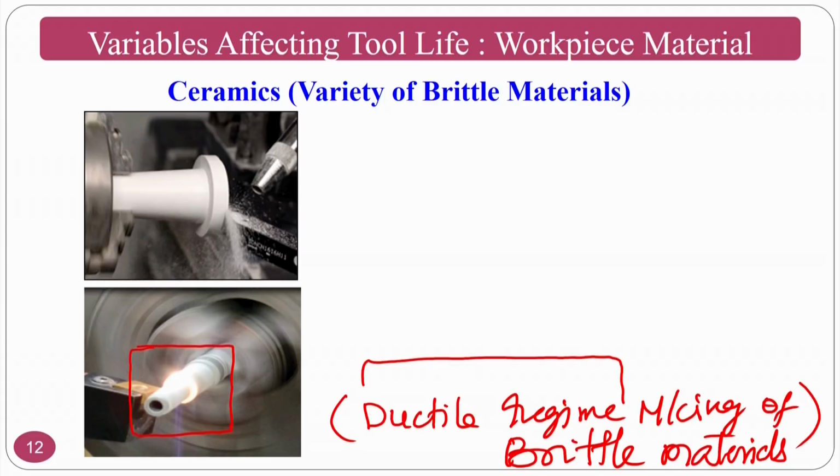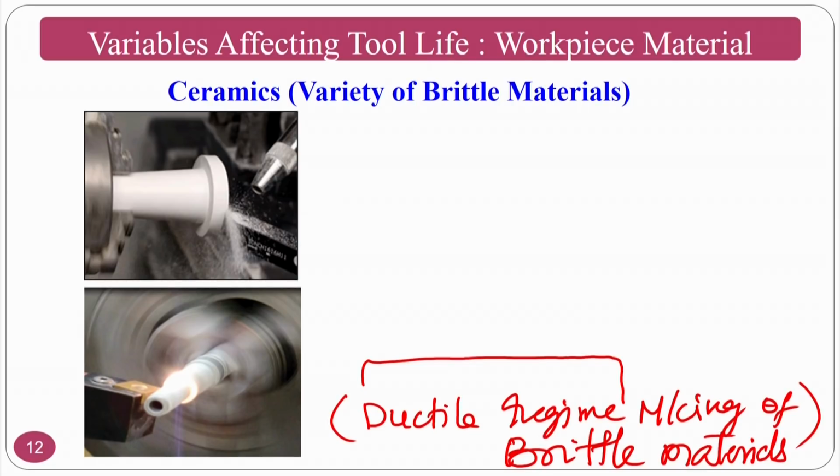That means I have a brittle material here, which is the initial stage of the workpiece. Now I have to convert it into the ductile mode, then I have to machine it. That is what it says. For that purpose, I have a brittle material and I am using a heat source, by induction heating or laser beam heating and all those things.